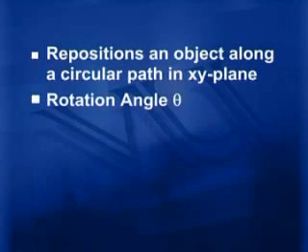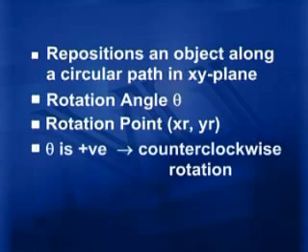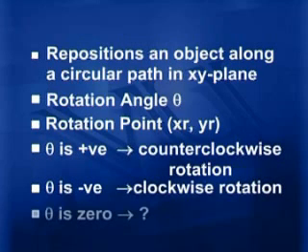In this scenario, we have seen that this circular path is in xy plane, rotation angle theta, rotation point xr, yr, which for the simplest case we have always considered to be the origin and would have coordinates 0, 0.